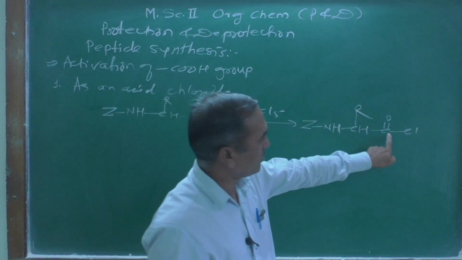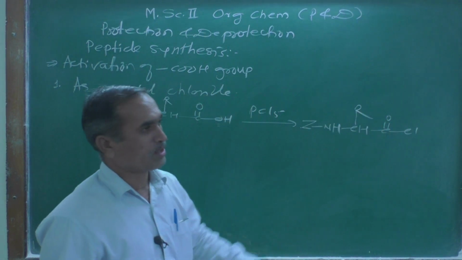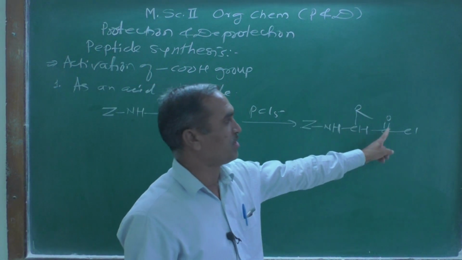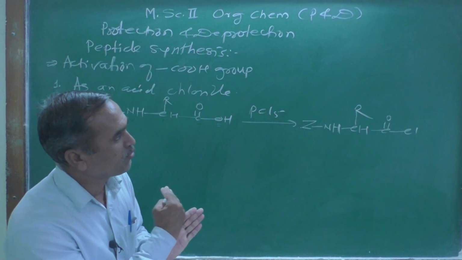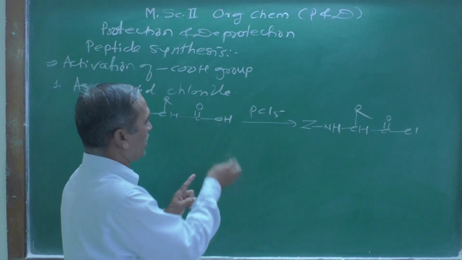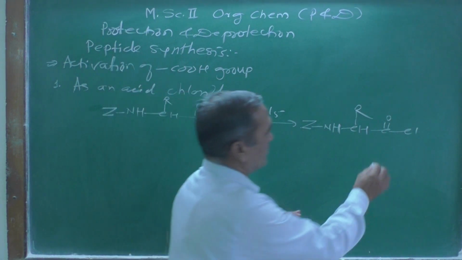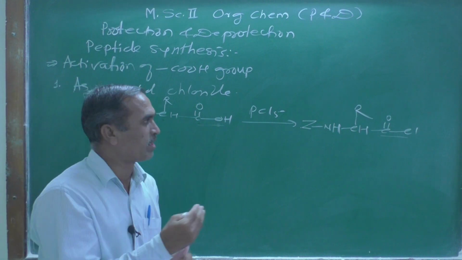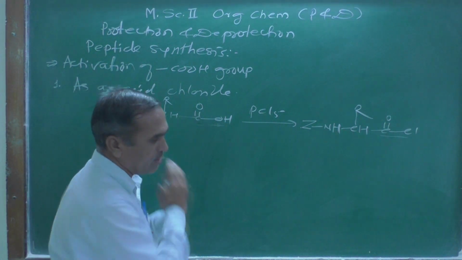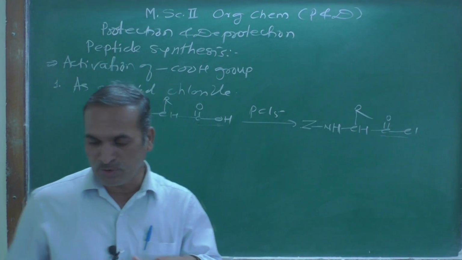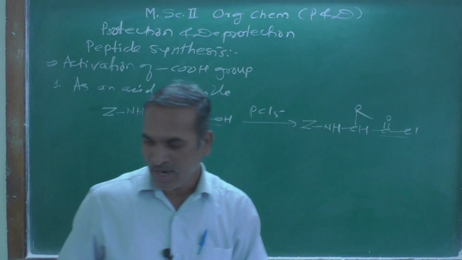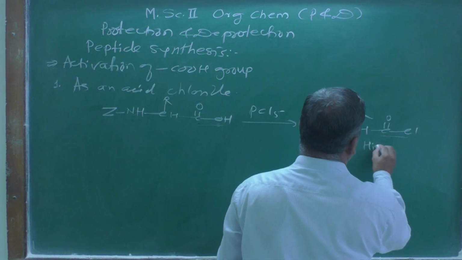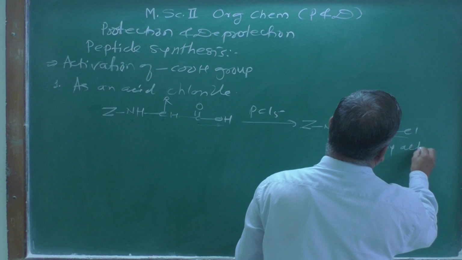The electrophilic nature of the carbonyl carbon in the acid chloride group is greater. If you compare the reactivity between the carboxylic group and the acid chloride group, the acid chloride is more reactive than the carboxylic group, and therefore this group gets activated. This is a highly active group.